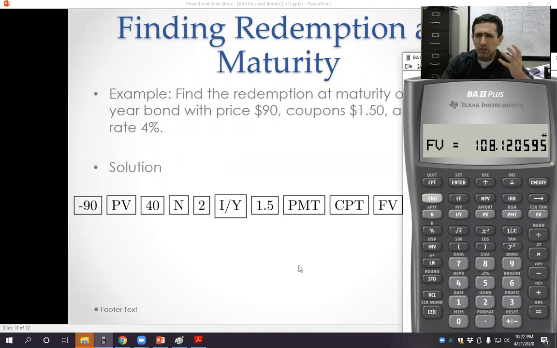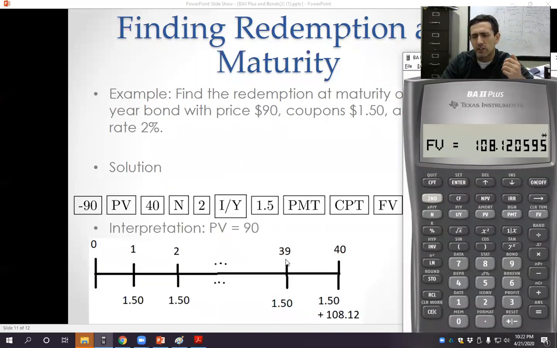So if you forgot what the interpretation of this is, basically this is just the present value of this annuity here, where you get $1.50 for these 40 coupon periods, 6-month periods, and at redemption you get roughly $108.12. Present value of all this is 90. That's exactly what all this means.